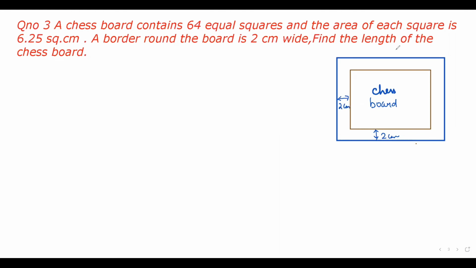Okay. So what we have to do, we have to find the length of the chessboard. We have to find this. Okay. So let this be x centimeters. We have to find the length of this. Okay. So let's start the solution part here.